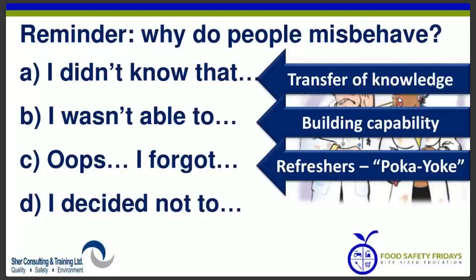I would rather engineer the possibility of forgetting out of their day-to-day routine. So instead of putting up a sign, this door must be kept closed, please do not forget to close the door, over and over again, just add a little spring mechanism to the door and have it close by itself. People have enough things to worry about.